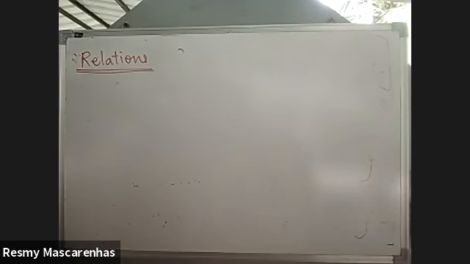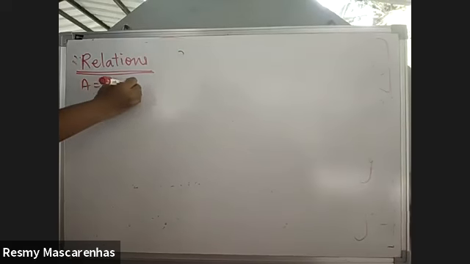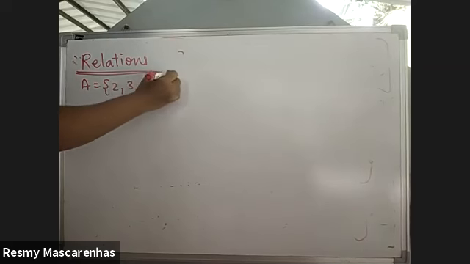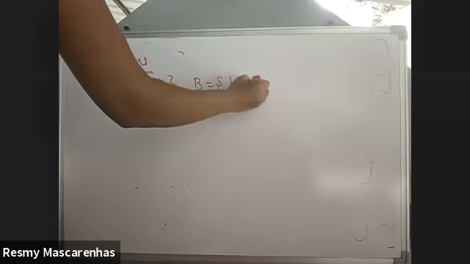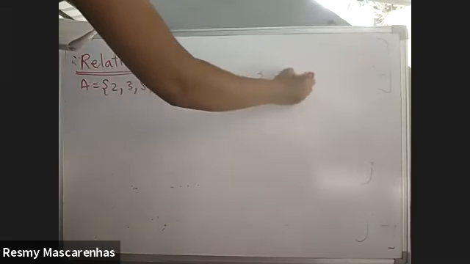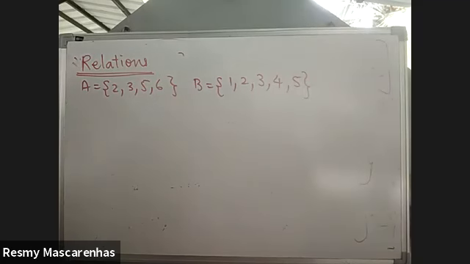Then a relation R from set A to set B is a subset of the Cartesian product A cross B. So it is nothing but a subset of a Cartesian product. I'll explain by giving an example. Consider A is {2, 3, 5, 6} and B is {1, 4, 5}. Then find the following relations.